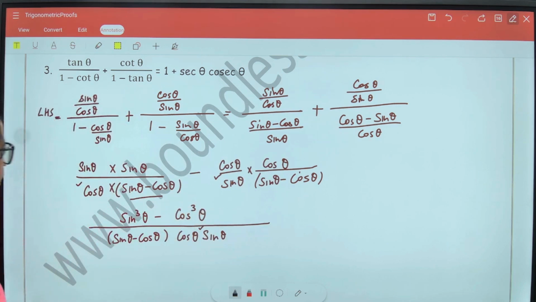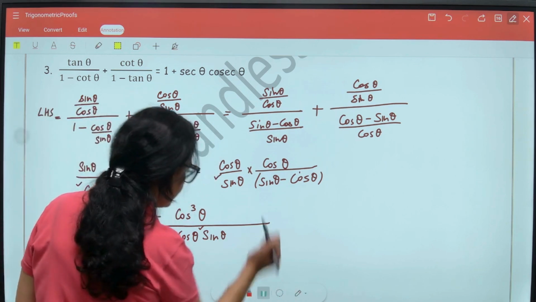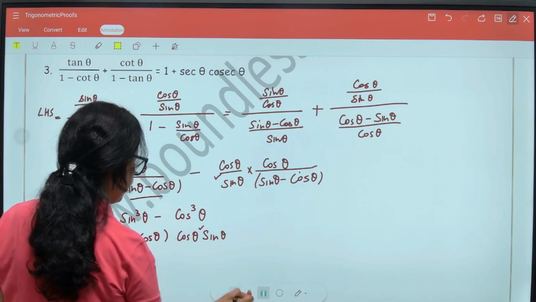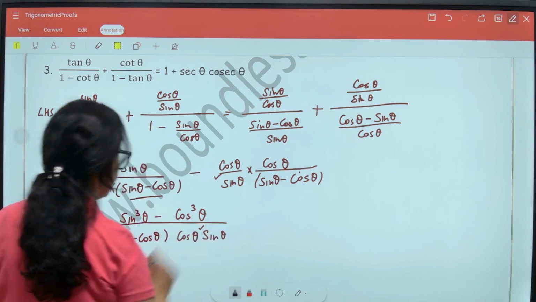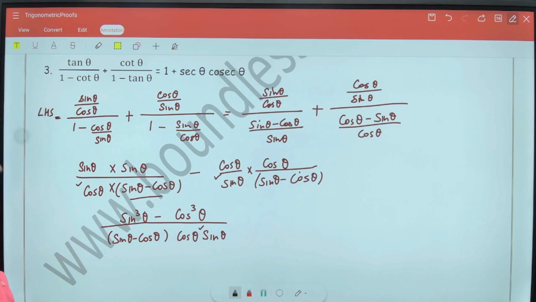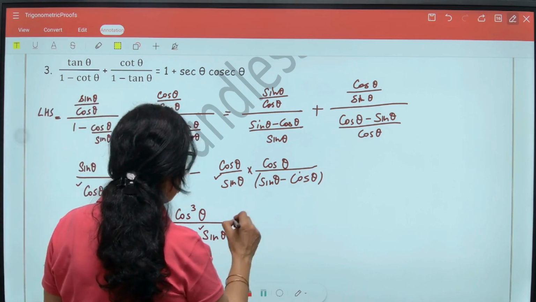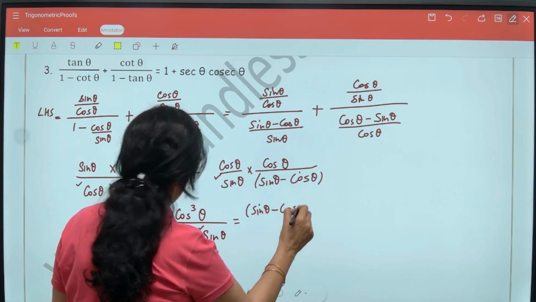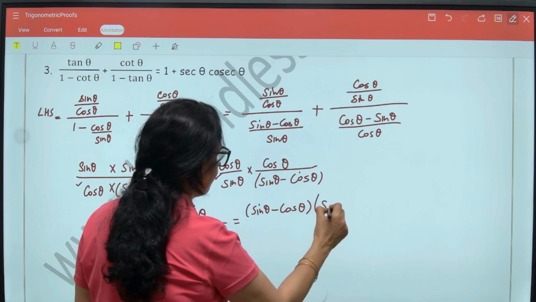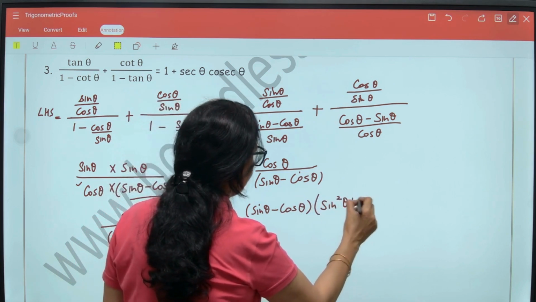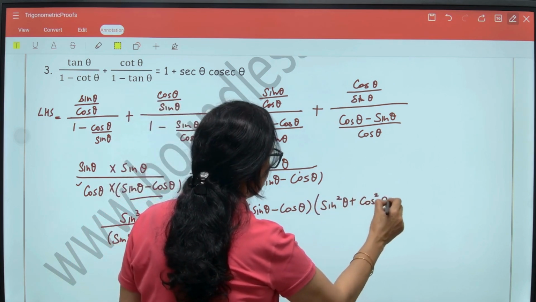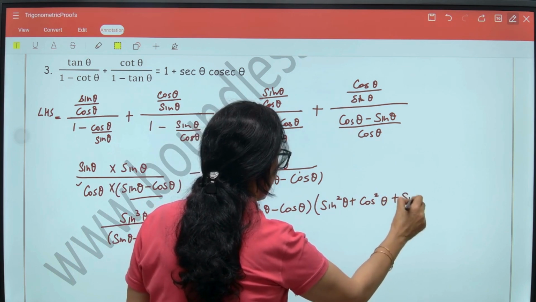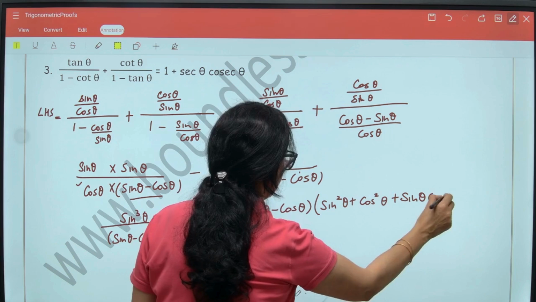Right? Now, do you know the identity for a cube minus b cube? How do we use that? A cube minus b cube is a minus b, yes. So, it is going to be a minus b, sin theta minus cos theta, and the second bracket will have sin²θ plus cos²θ plus sin theta cos theta, right?